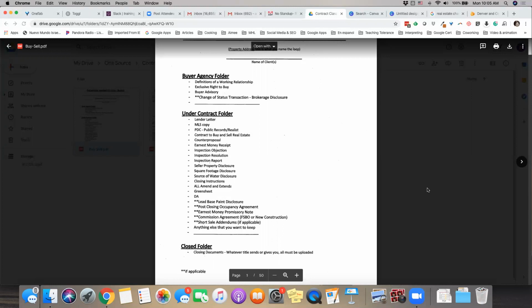You will get from the selling agent the seller's property disclosure, square footage, and water source. Sometimes you will not get a water source from the other side because it's in the seller's property disclosure, but it's nice to have one to give to your buyers. Closing instructions should always be put together.